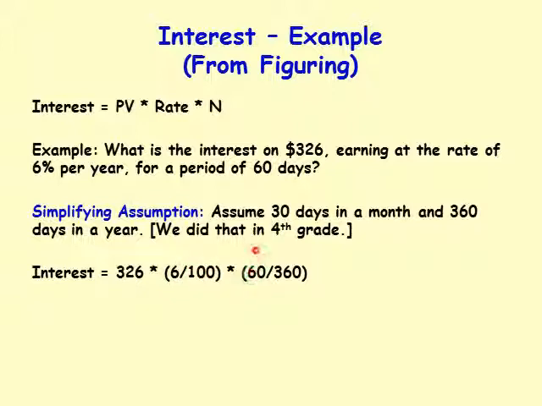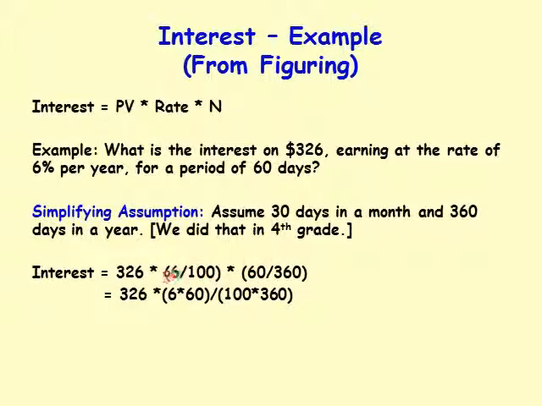And here the number of terms: 60 is the days and 360 is the whole term. So 60 divided by 360 is the number involved in this example. So that's equal to 326 times 6 times 60.